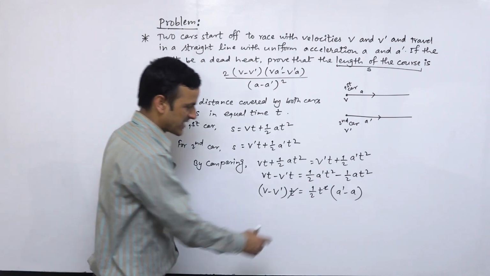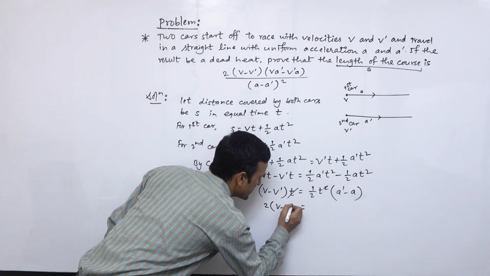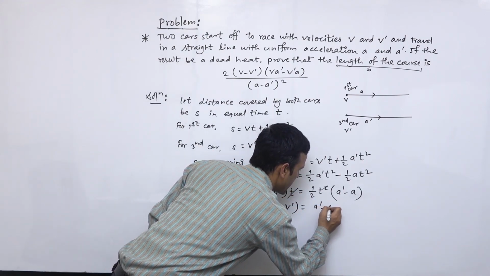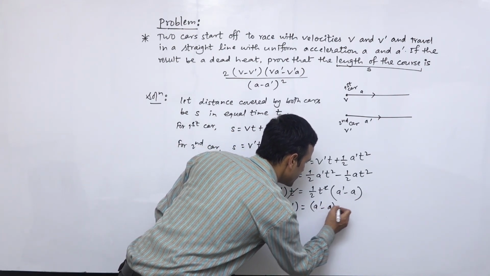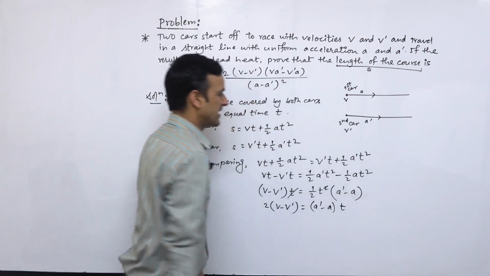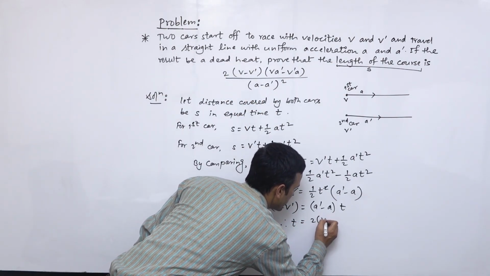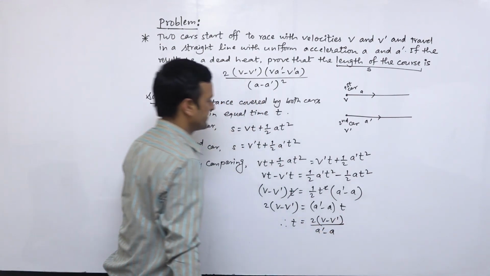Then 2 times v minus v dash, this 2 is cross multiplied, and a dash minus a is the term over here, and one t is left over. Therefore t is equal to 2 times v minus v dash divided by a dash minus a.